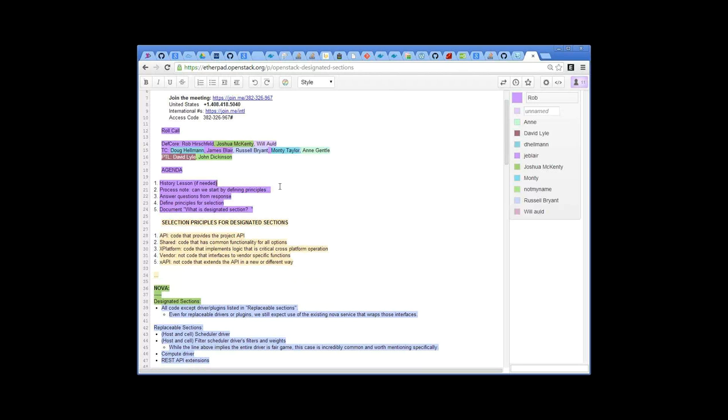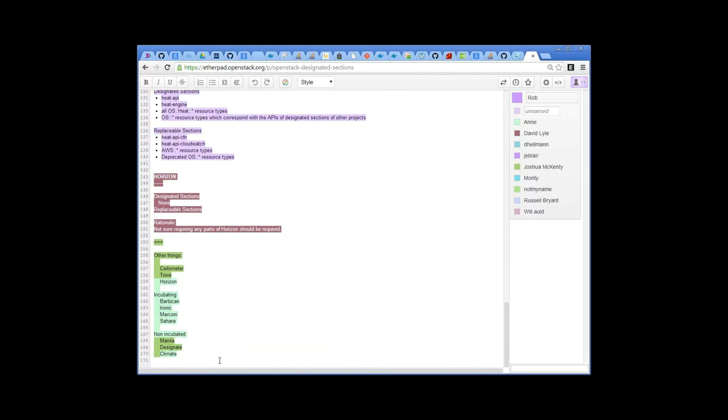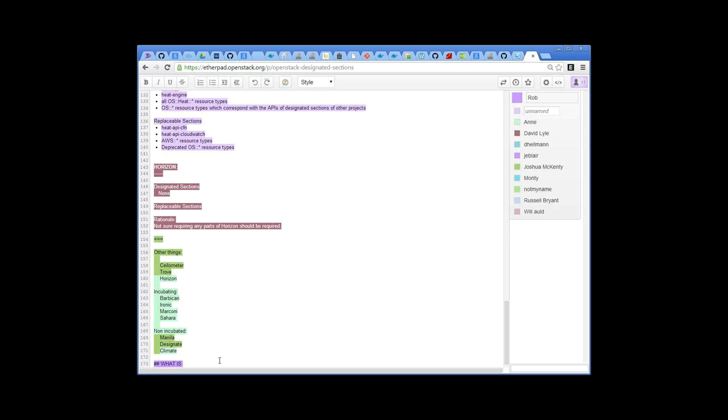And then on the assumption that our process is defining principles, then talk about the designing principles, and then finally actually writing down what is a designated section, which I think everybody wants to do. And I would suggest that people who are prone to let their mind wander during the meeting, we could, at the bottom of this document, have a section for what is a designated section.